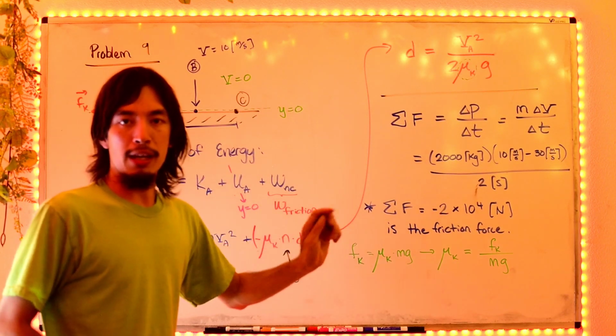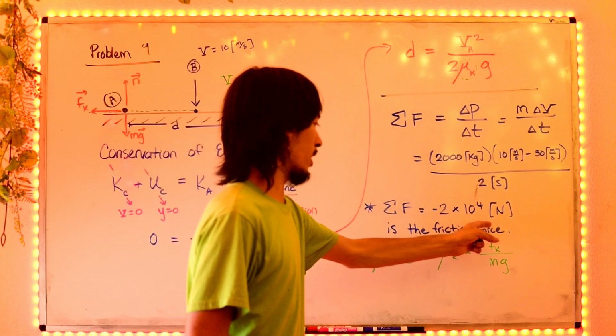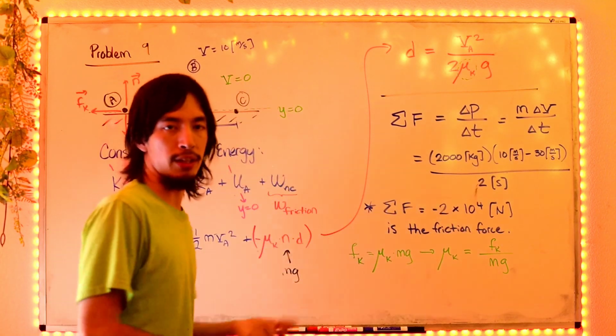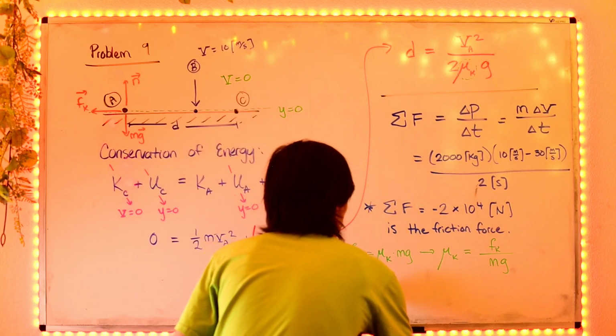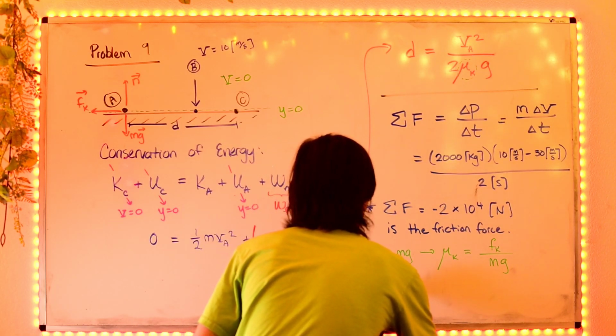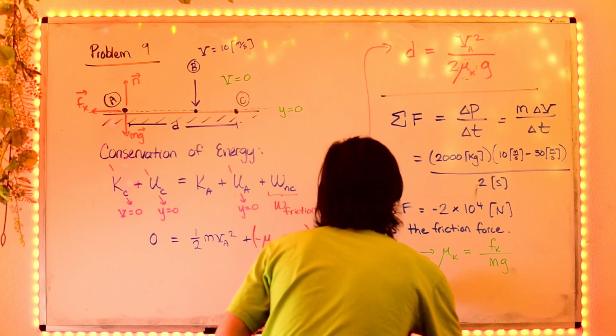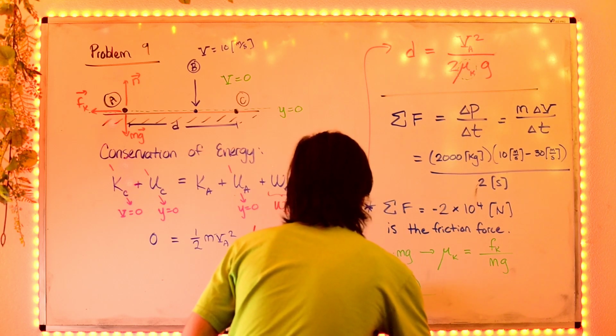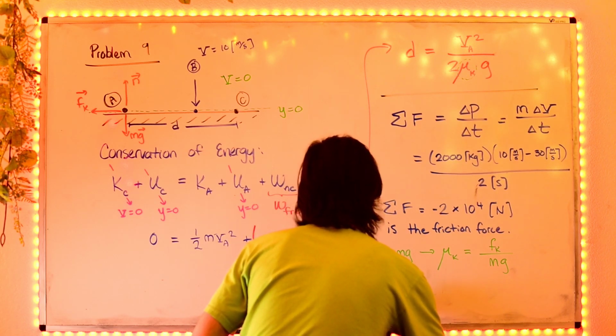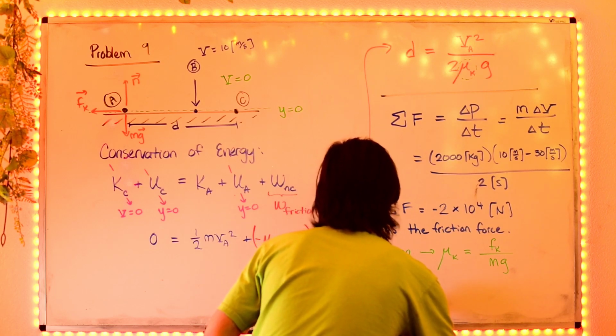The coefficient is going to be a positive constant, so we're just going to plug in the magnitude of everything. So we can get that the coefficient is 2 times 10 to the 4th newtons divided by the mass of 2,000 kilograms and 9.8.